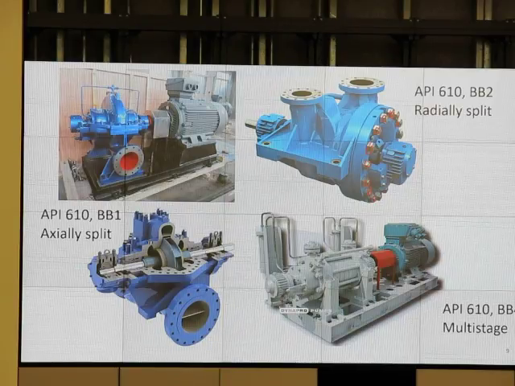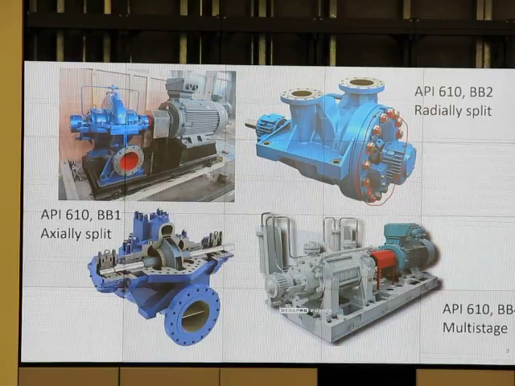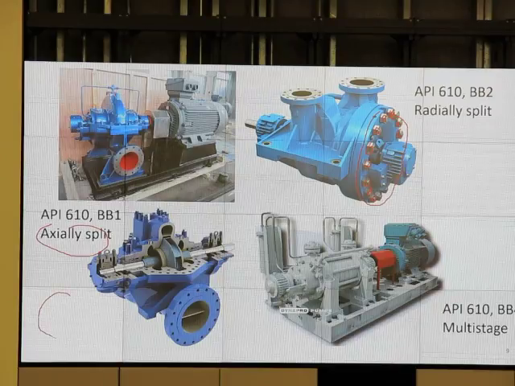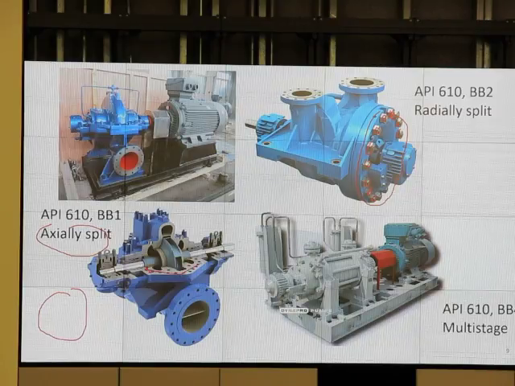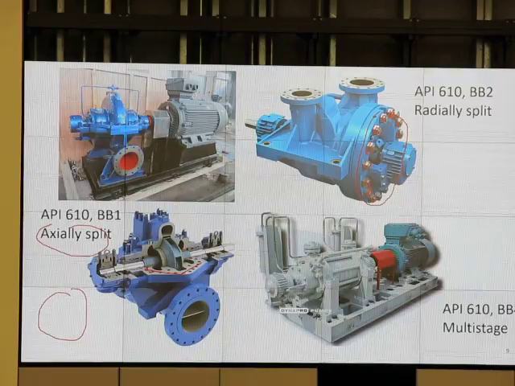So it is symmetric, you see. Axially split means the bolts are not in a circle shape. If you look at the bolts, it's not a circle shape. The bolts are at a bit of an angle over here, and it is not symmetric.